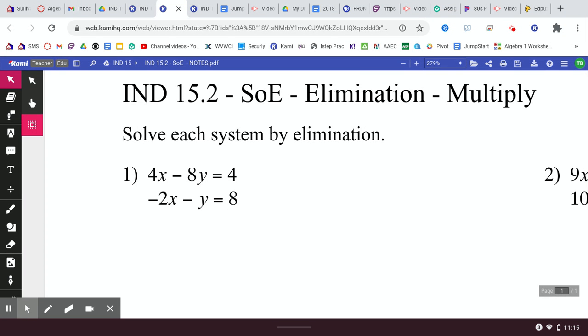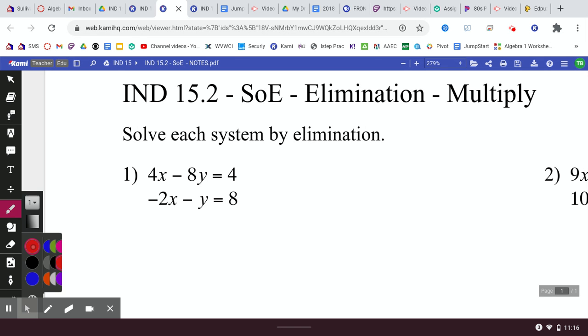So my x's, my signs are different, so that's good. But my numbers don't match. But as long as I do it to all, I can multiply something into that whole bottom equation. As long as I distribute it to all three terms, I haven't broken any math rules or changed the value. I've just rewritten it.